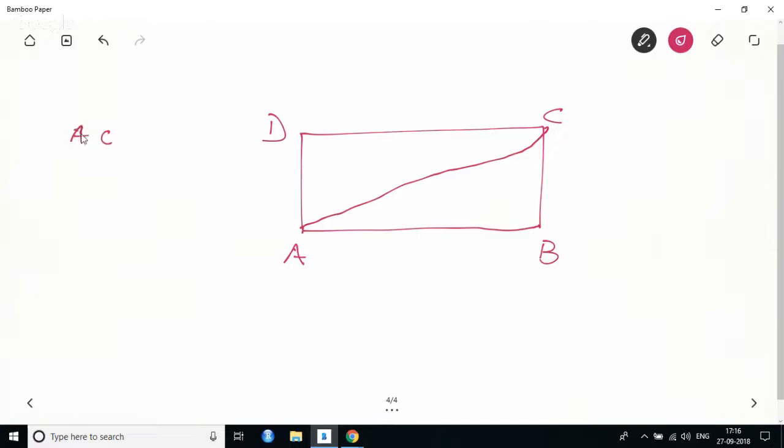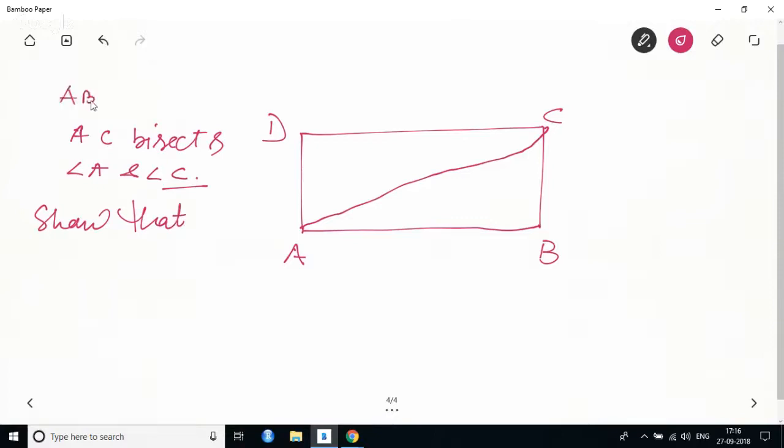Shraddha is saying okay, okay, sir. What do you mean by okay, okay preparation? AC bisects angle A and angle C. So you have to show or prove that ABCD is a rectangle.